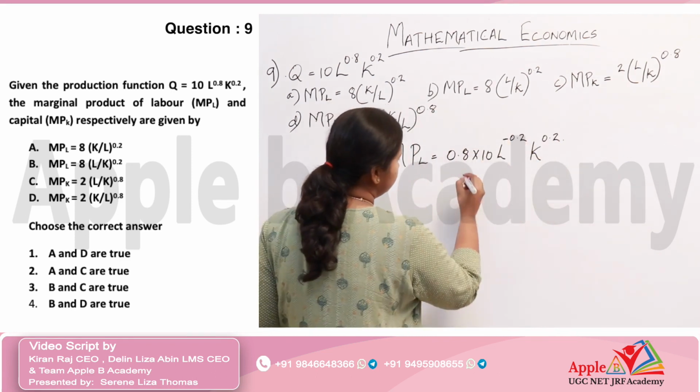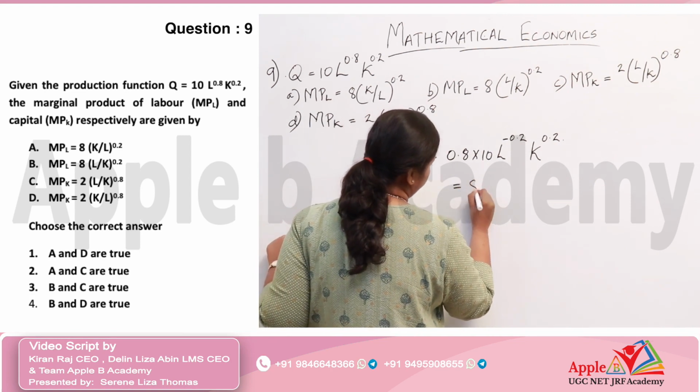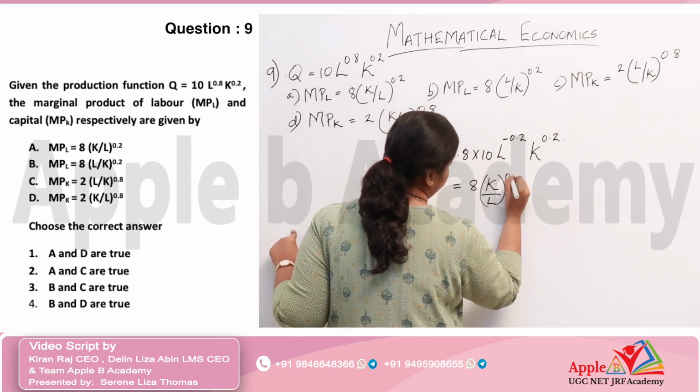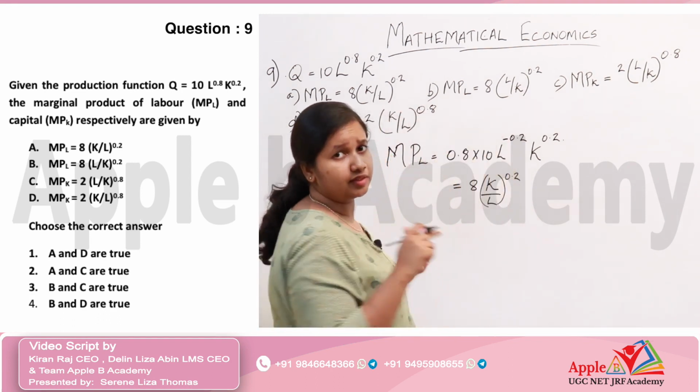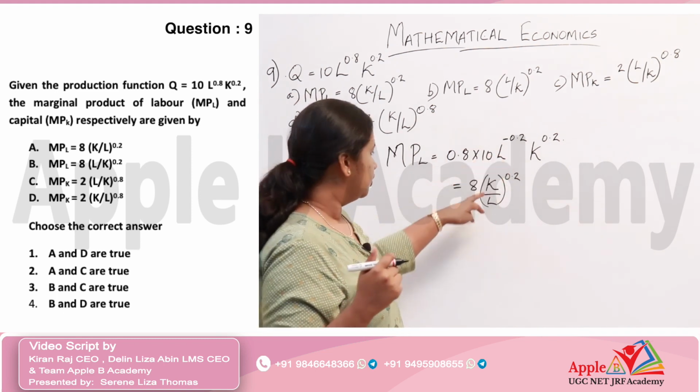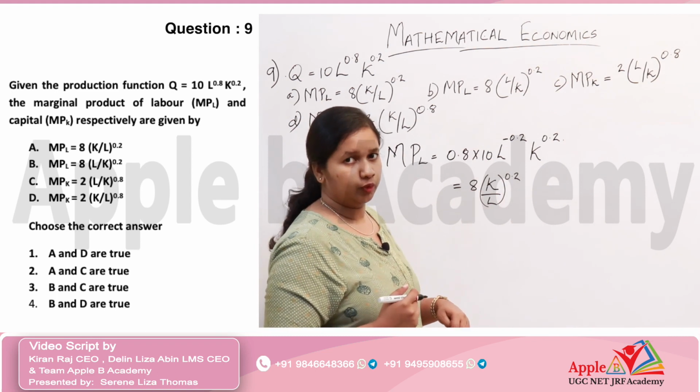This can be written as 8 times (K by L) raised to 0.2. Since it is L raised to minus 0.2, L comes in the denominator.